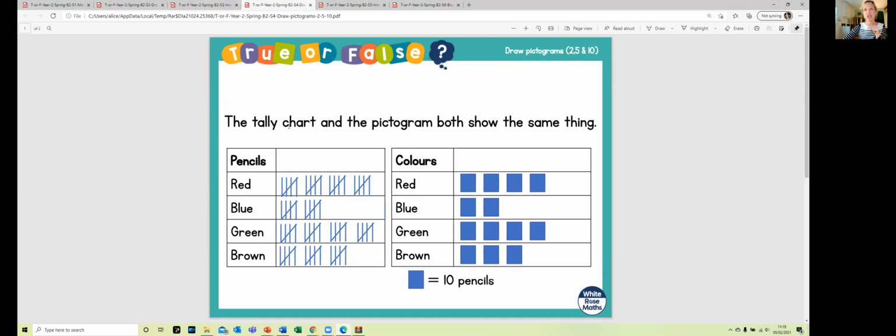The tally chart and the pictogram both show the same thing. Is that true or is it false? Look closely at the key for the pictogram to see what value that blue square has. And don't forget to count the tallies carefully. Use your jot paper if you need to remember totals. Pause me now, see what you think.